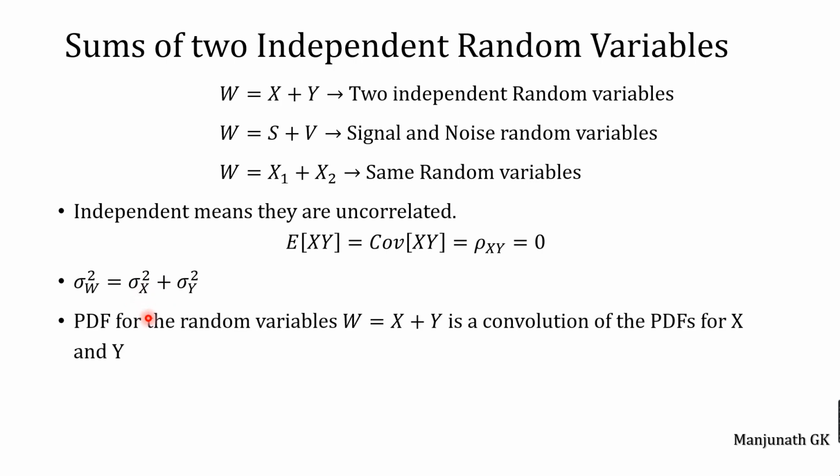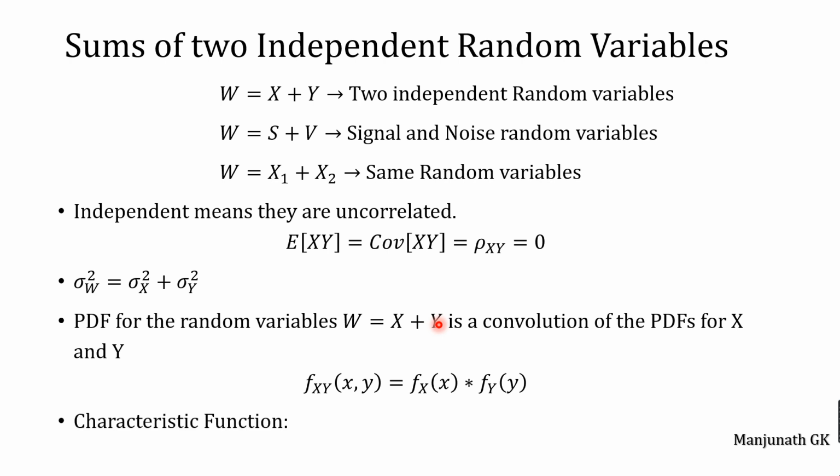The second derivation is that the PDF of W equals the convolution of the PDFs of X and Y. It is the case because X and Y are independent in nature.